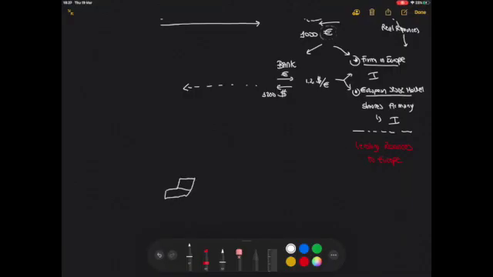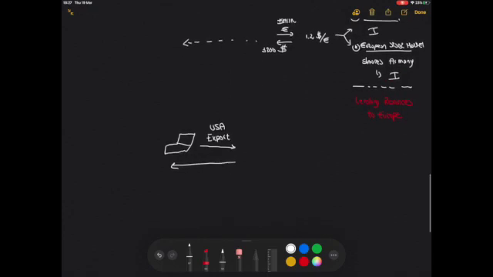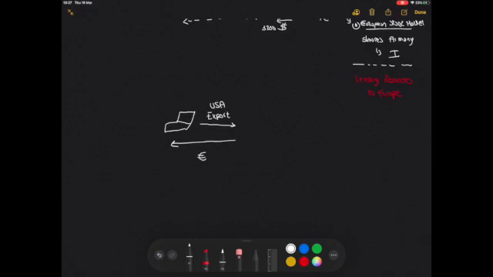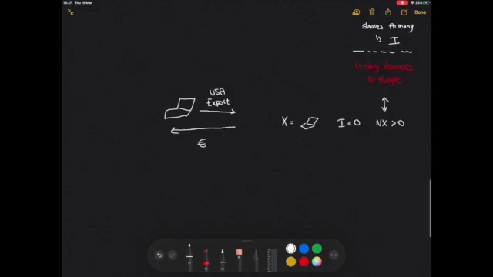Apple has sold a PC, and in exchange for this PC, USA export, it gets some euro. All right? So let us try to be very precise. Here the export is only a PC, import is equal to 0, so net export is positive, and we realize that this coincides with lending resources to Europe.